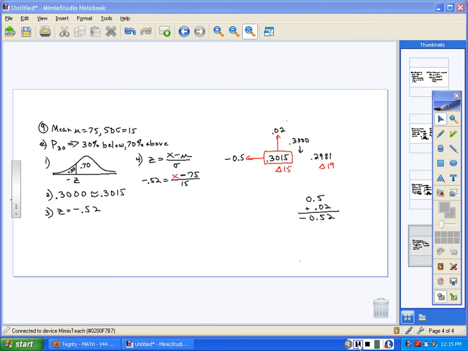So let's go into the blue for a minute, and we're going to multiply both sides by 15. On the right side, the 15s are going to cancel out.